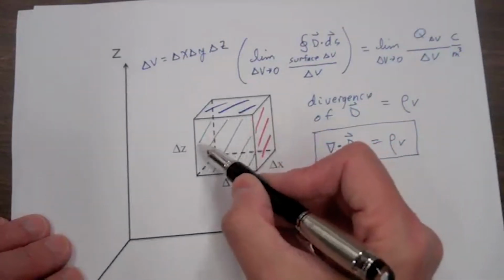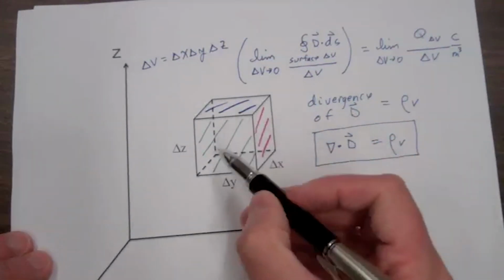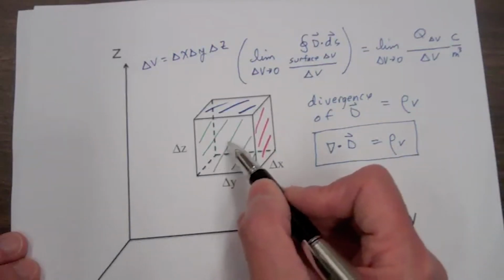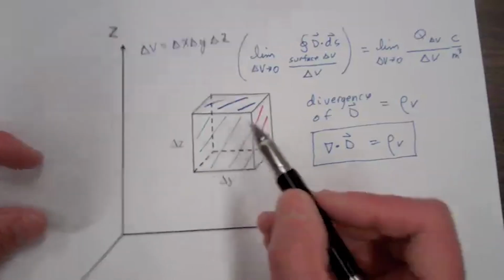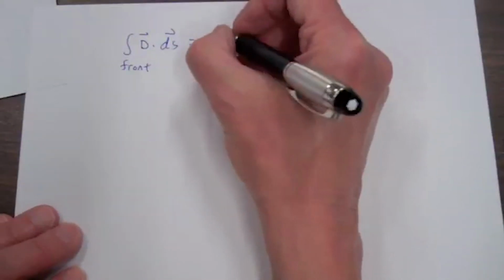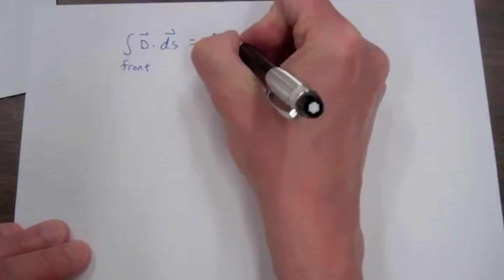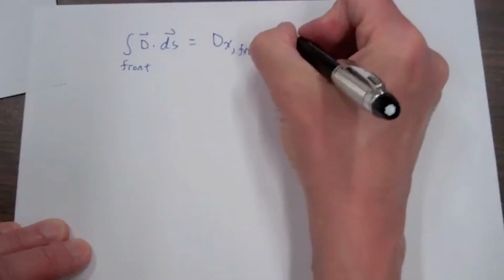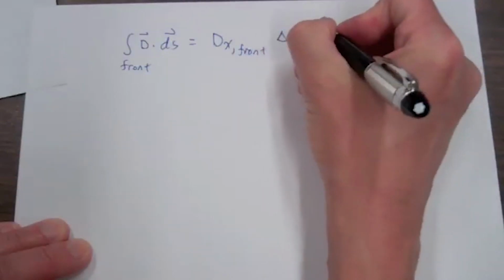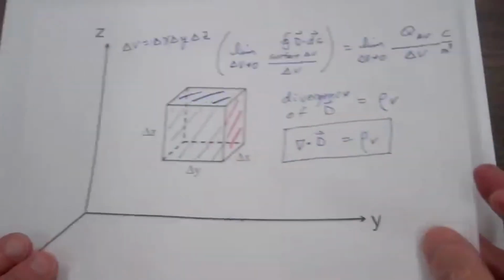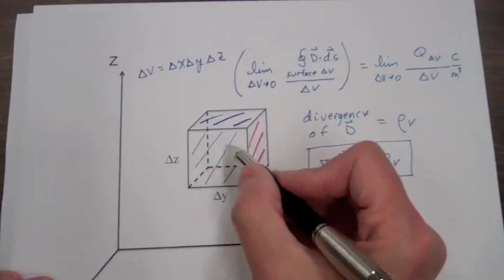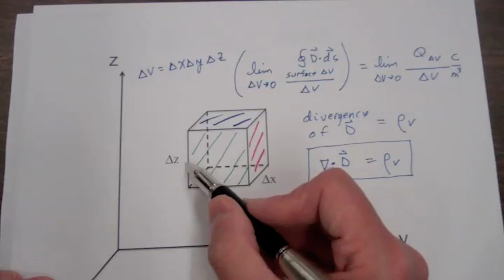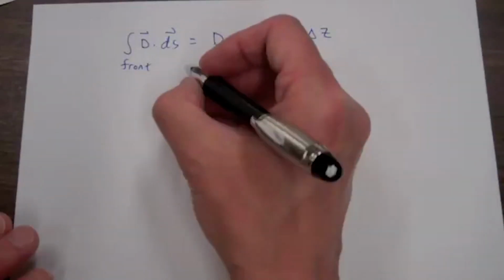Okay, so this surface on the front face has orientation in the a sub x direction. So this integral will become D sub x on the front face times delta y delta z. When you take the dot product, you're just going to get the value of D sub x in the x direction times the surface area of the front face, delta z delta y.